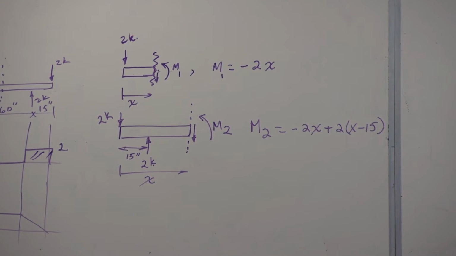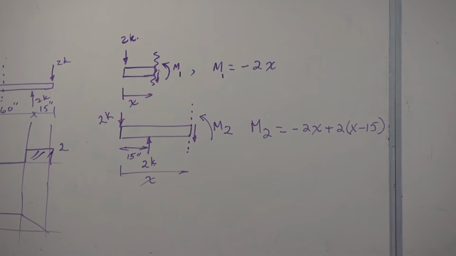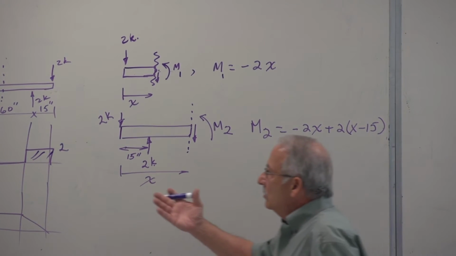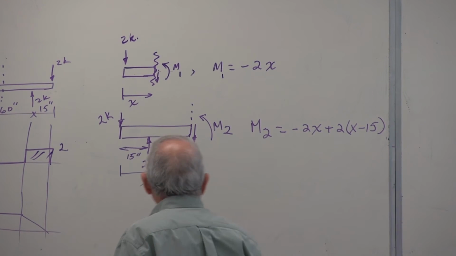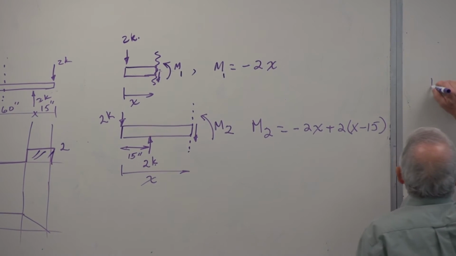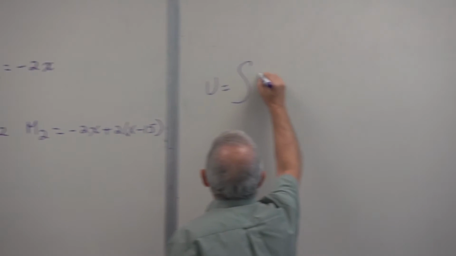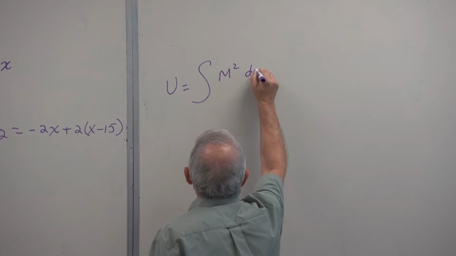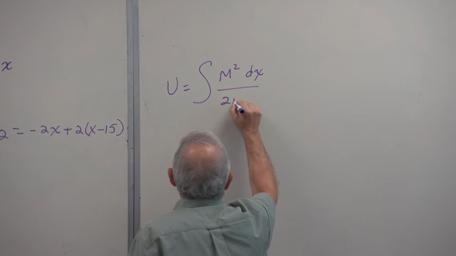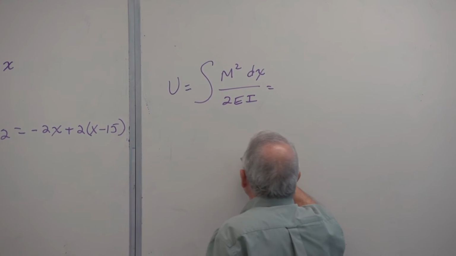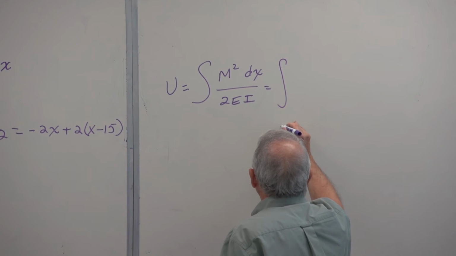Okay? Now, we use our general equation: U equals the integral of m squared dx over 2EI equals the integral.